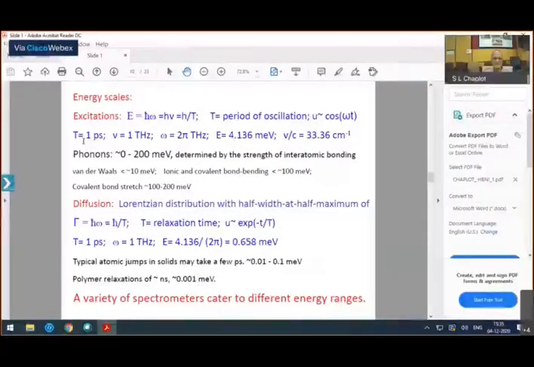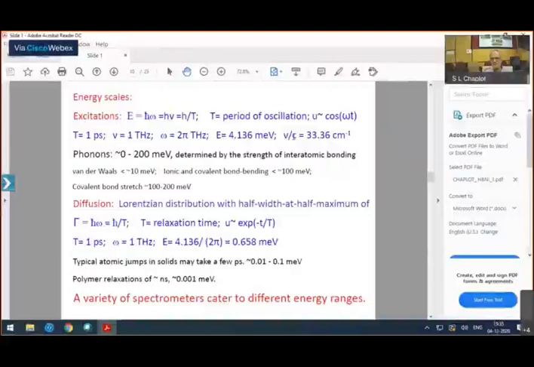So we have a time period of the order of a picosecond, a frequency of terahertz, an angular frequency of 2 pi terahertz, and if you put these values in and multiply omega by h cross, you get energy in milli electron volts, about 4 milli electron volts.